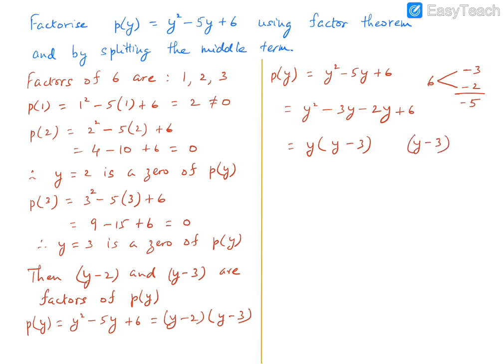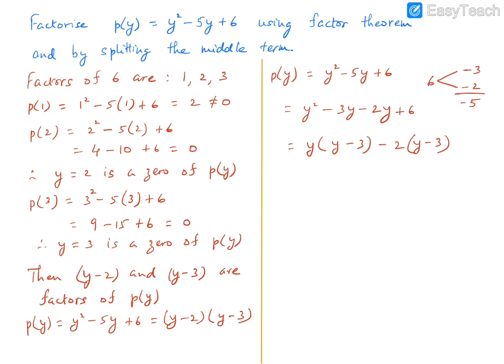So we'll have the same term y minus 3, and now we have to see with what term we multiply this y minus 3 to get the remaining part of the expression. Clearly we have to multiply this with minus 2. So minus 2 into y is minus 2y, and minus 2 into minus 3 is plus 6.